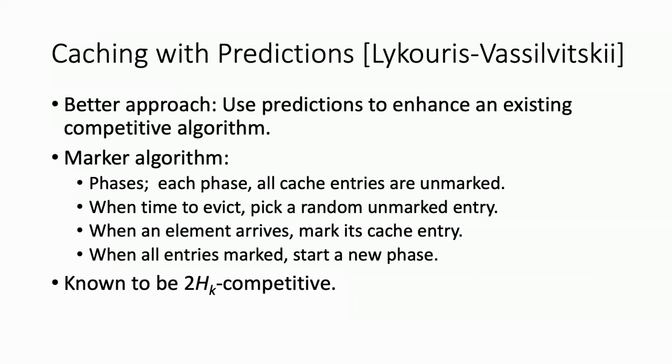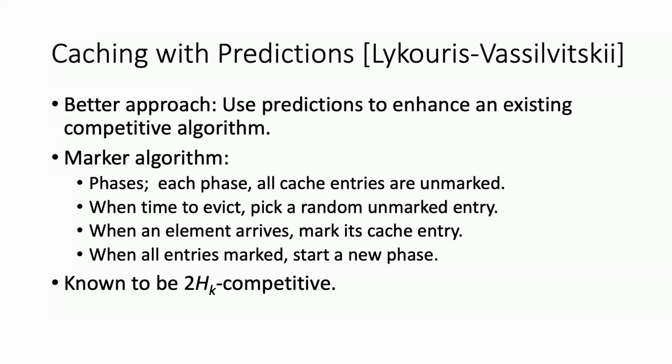All right, so their suggestion was to use predictions to enhance an existing competitive algorithm, namely the marking algorithm. How many people have seen the marking algorithm? It used to be sort of the standard online example in grad school. Fewer than everyone. So the marking algorithm works in phases. You start a phase, all the cache entries are unmarked.